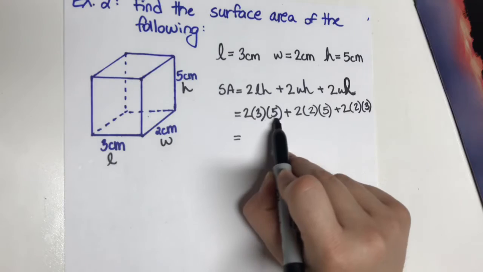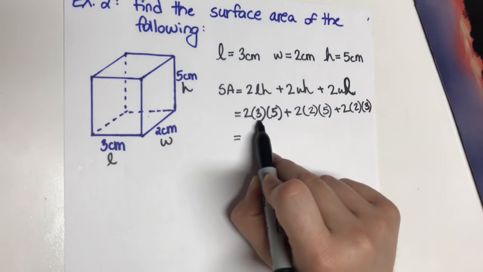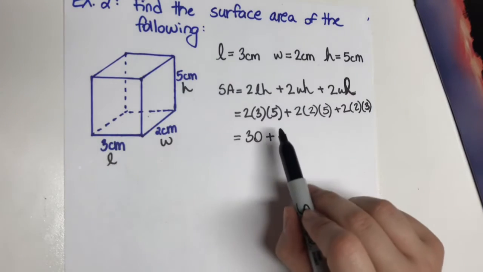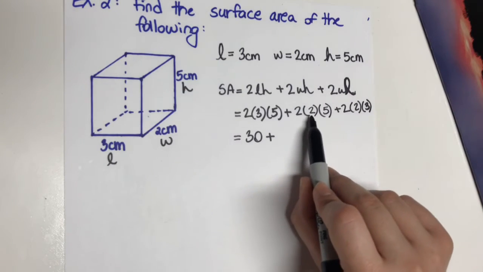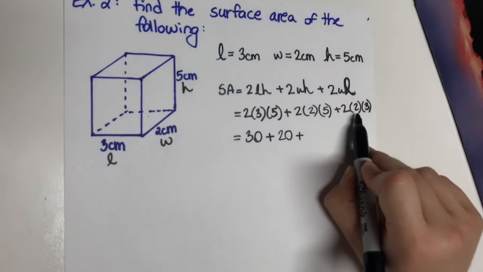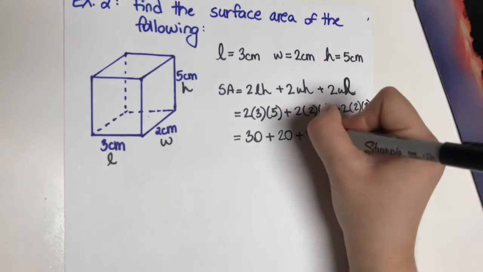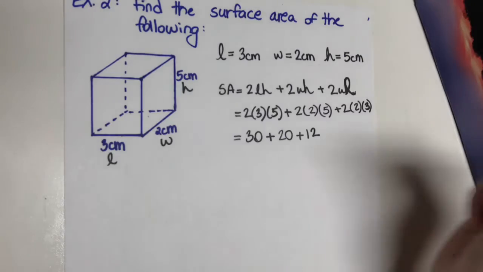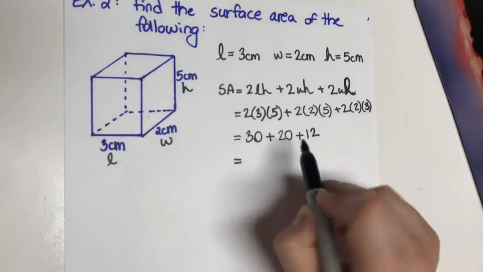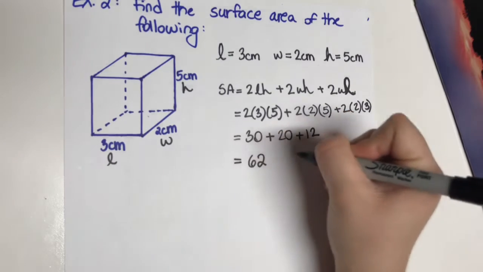So 2 times 3 times 5: 2 times 3 is 6, times 5 is 30, plus, so I'm doing BEDMAS, I'm doing the multiplication first. 2 times 2 is 4, times 5 is 20, plus 2 times 2 is 4, times 3 is 12. And then I can add it all together. 30 plus 20 is 50, plus 12 is 62.